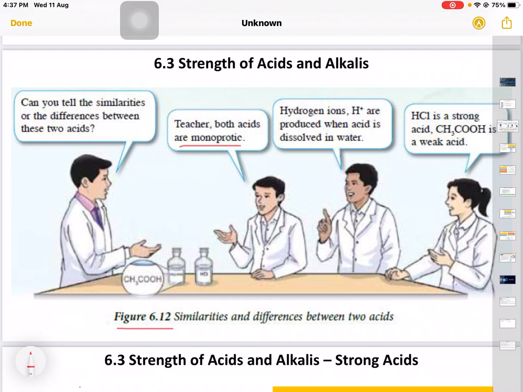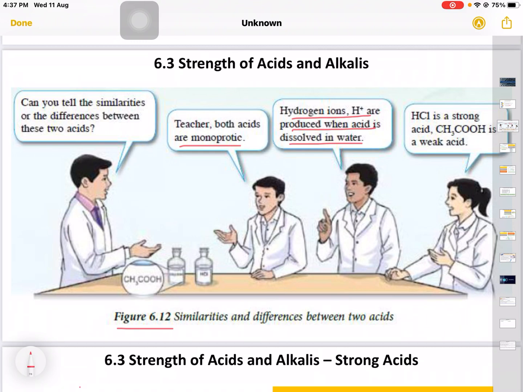Another student added hydrogen ion is produced when acid is dissolved in water. Of course, when the chemical substance is acid, it will produce hydrogen ion. The presence of hydrogen ion will show the acidic properties. It relates with the rule of water 6.1, isn't it?